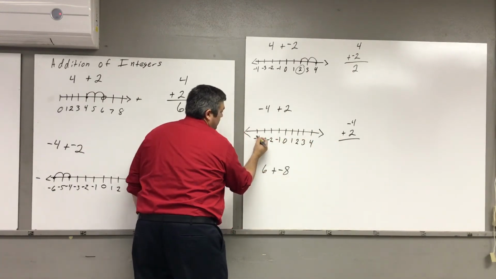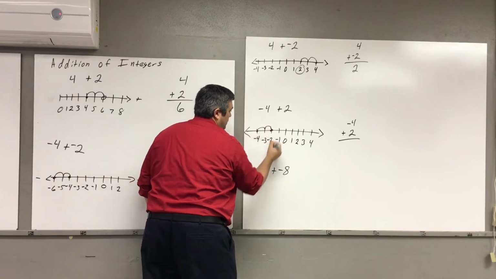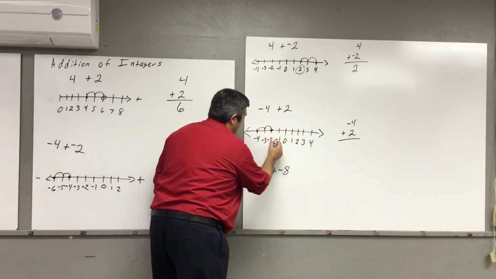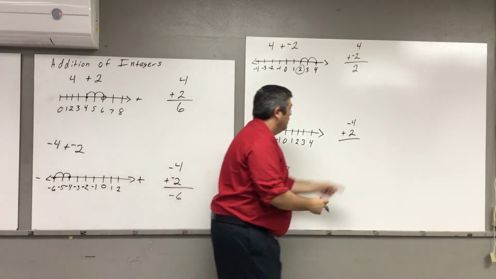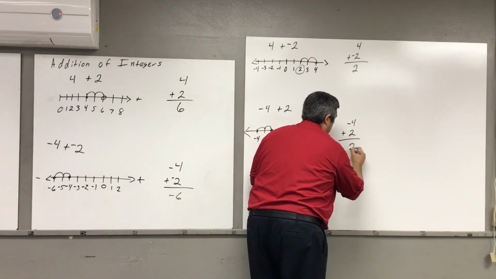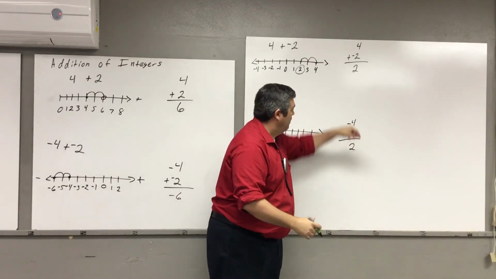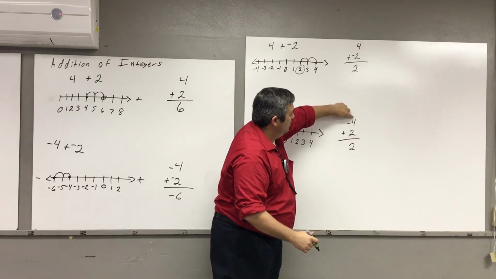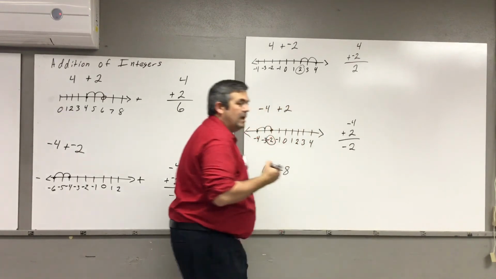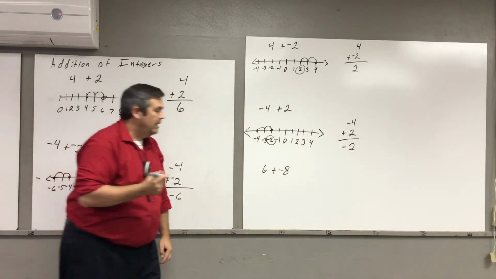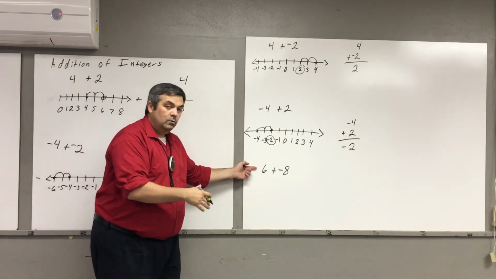So plus 2, 1, 2, and now we're at the negative 2. Again, we subtracted 4 minus 2, and I kept the sign of the bigger number, the one that I had more of. Negative 4 had more of the 4 than I did the 2, therefore I'm going to keep that sign, negative 2.